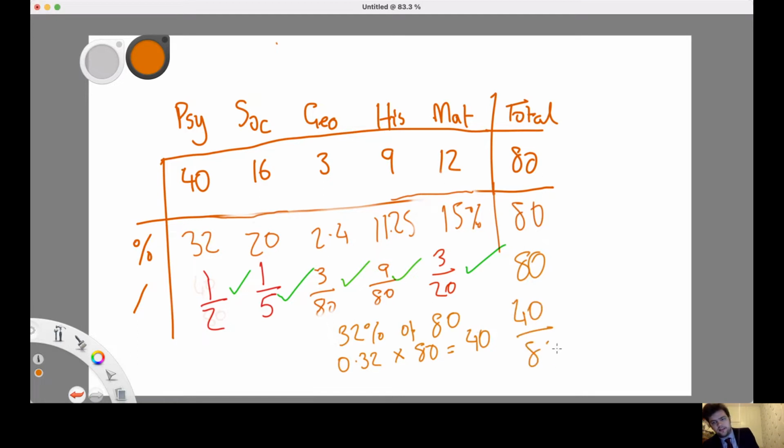And we know the total was 80, so it's just 40 out of 80. And then again, you would just cancel it down as we did before. Some of your calculators might have a percentage button, but I've never used them. I found them very fiddly. But that's how you go in both directions, how you convert between them.